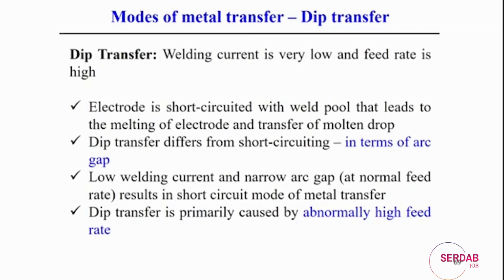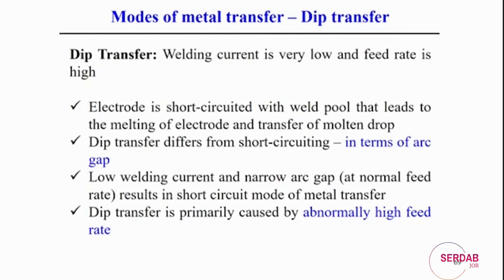So, here the low welding current and the narrow arc gap, even at normal feed rate, result in the short circuit mode of the metal transfer, but dip transfer differs primarily because it is caused by an abnormally high feed rate.